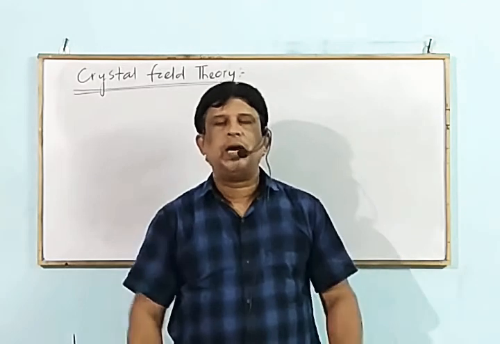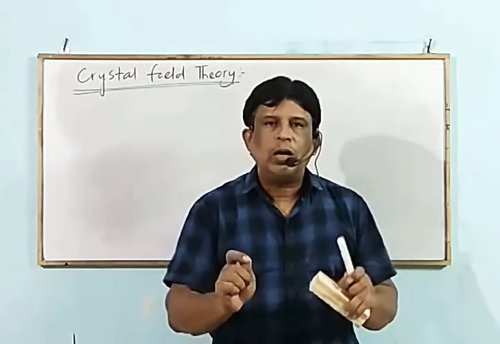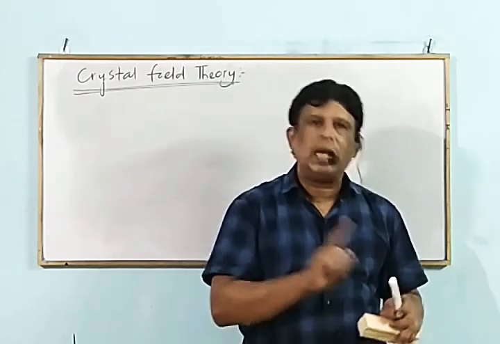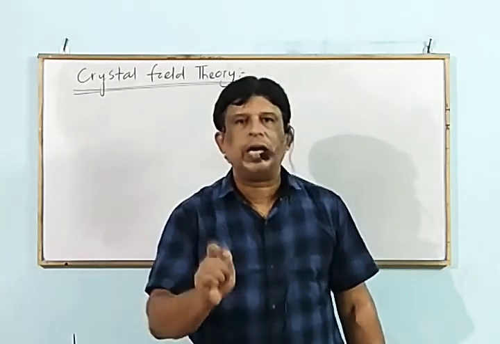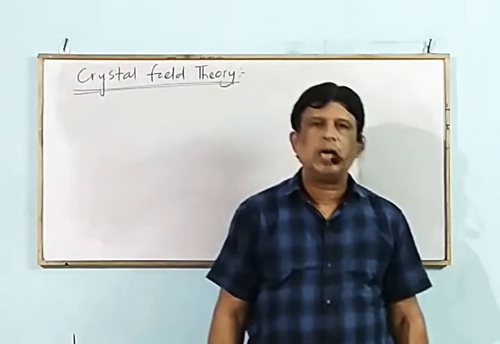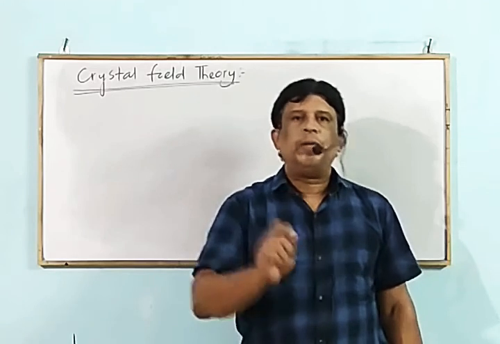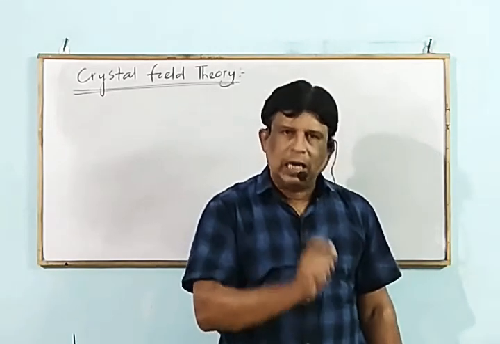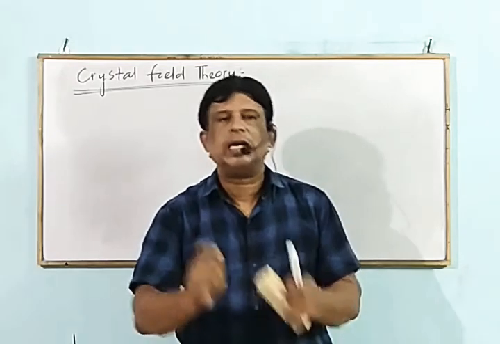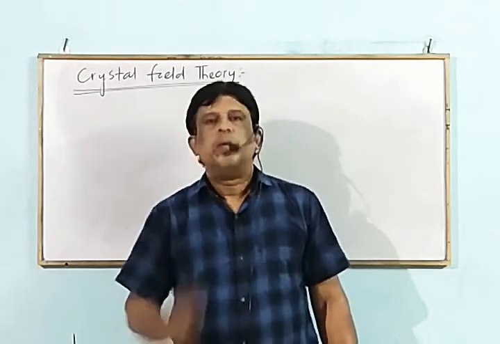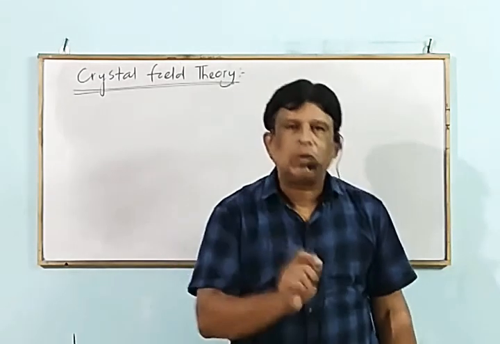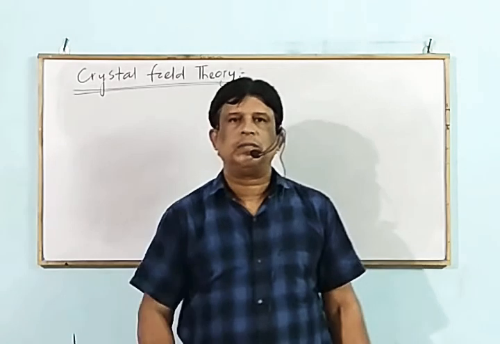The most important point is that the bond between the cation, that is the central metal ion, and the ligand is 100% ionic. That is, metal atom and ligand are attached through electrostatic forces of attraction.